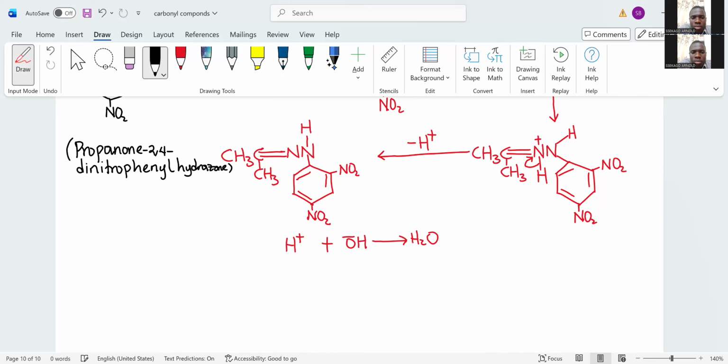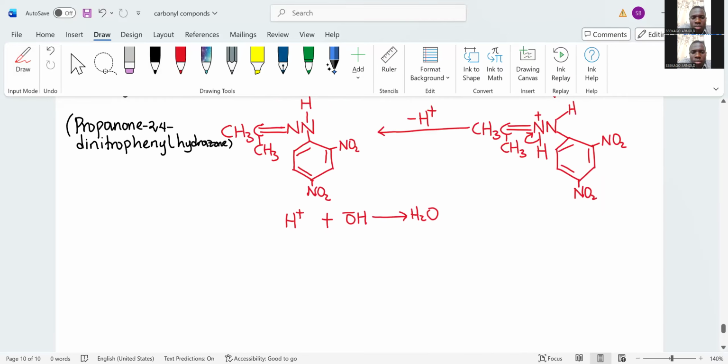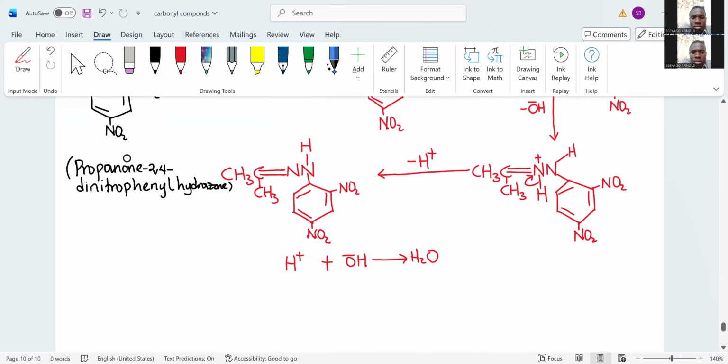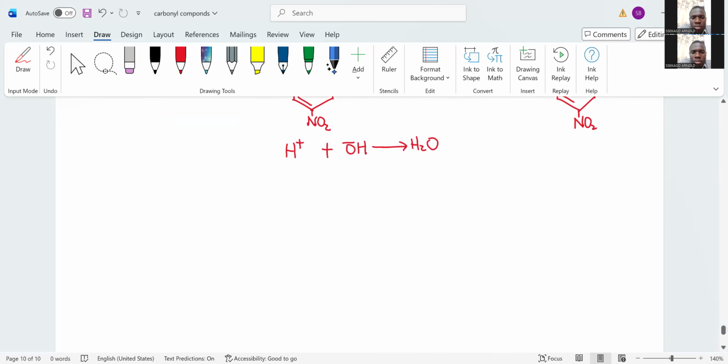That is the name. So I take another example. I hope that is taken note of carefully. Involving Brady's reagent, I have said you should recall this. If there is anything which you have to forget under carbonyl compounds, let it not be Brady's reagent.